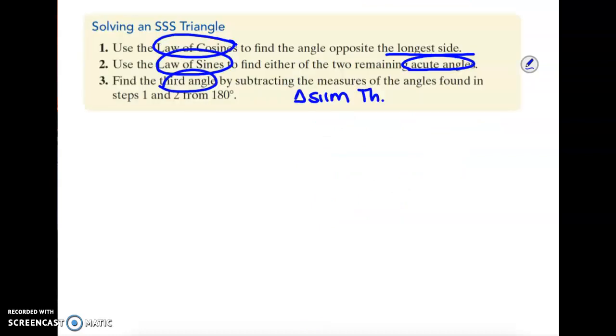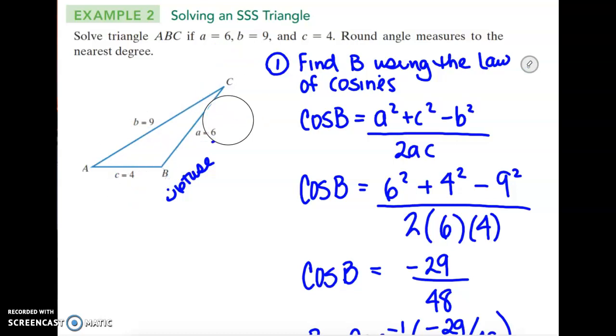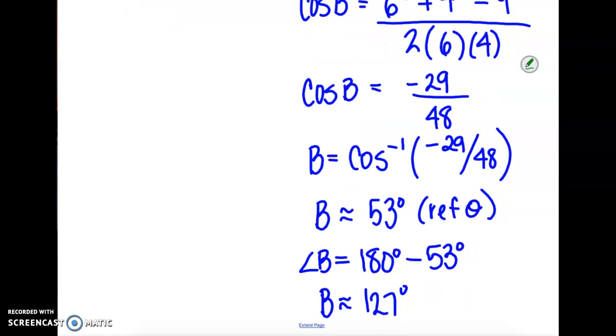We're going to now go and do step 2 and 3. We're going to use the law of sines to find one of the acute angles, and then the triangle sum theorem. All right. It's getting a little busy here. So now we have 127 degrees.